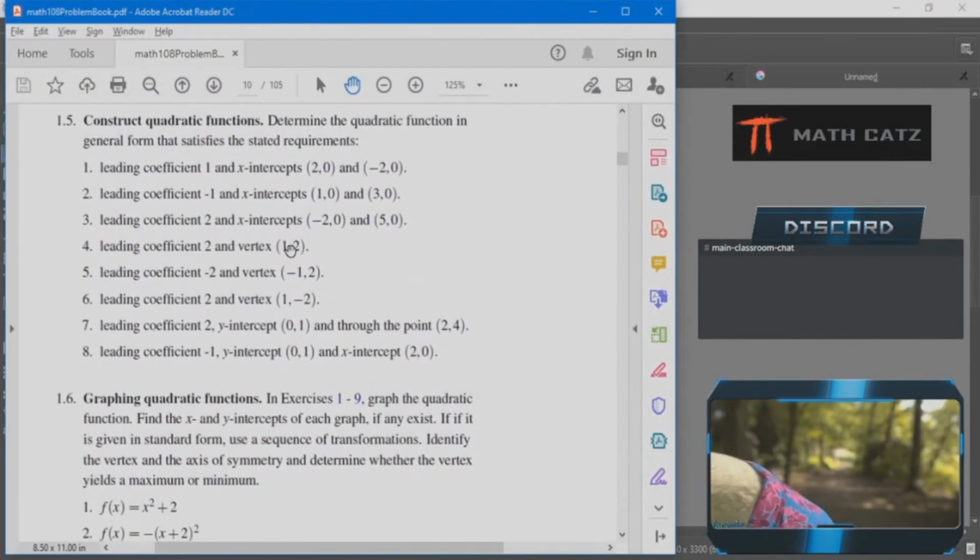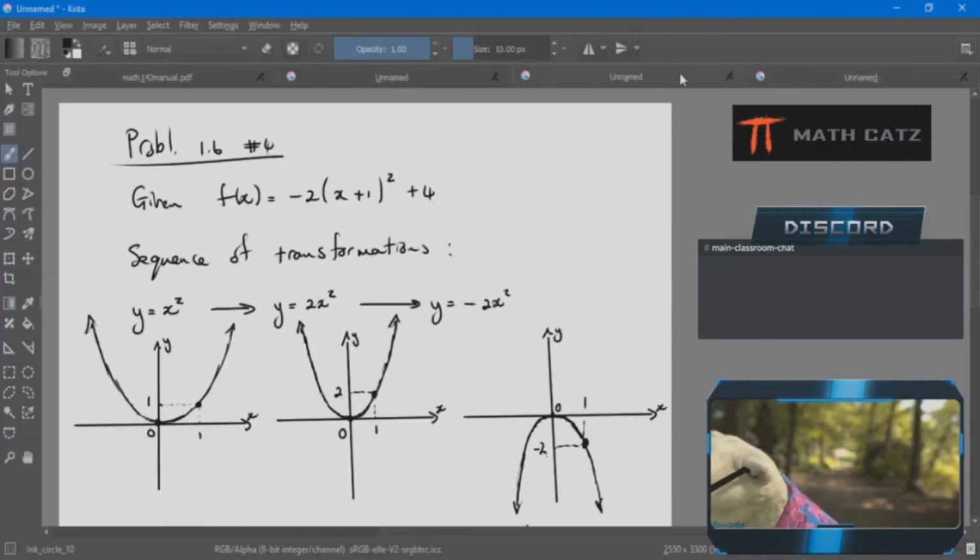Number 5. So I want to make any quadratic function you want as long as it satisfies the requirements. And in number 5, my leading coefficient, which is the A, let me name that maybe.